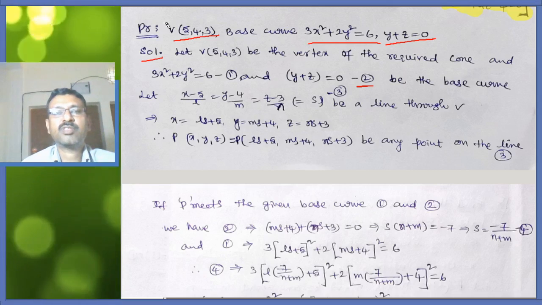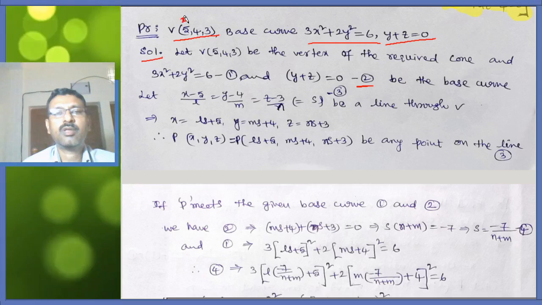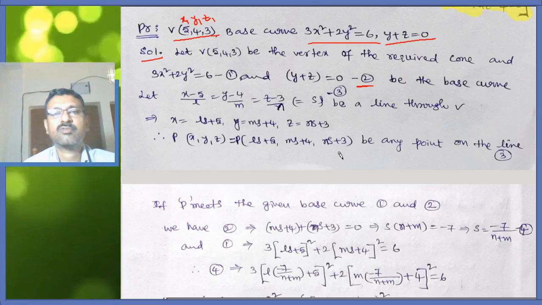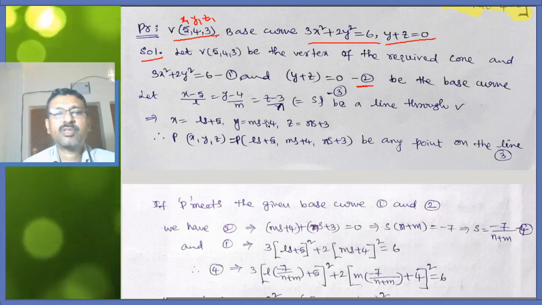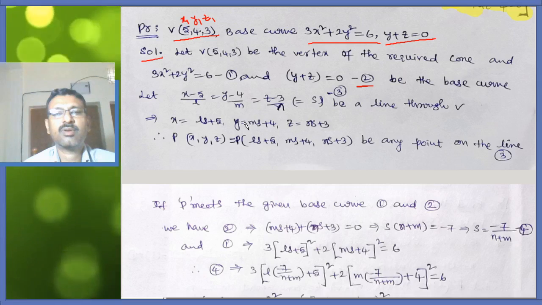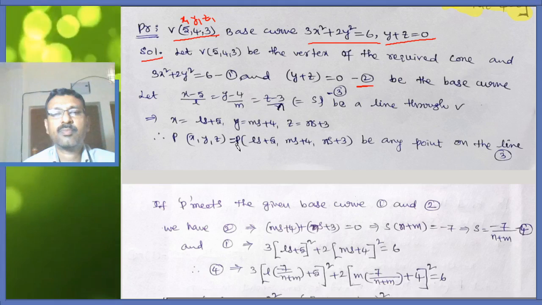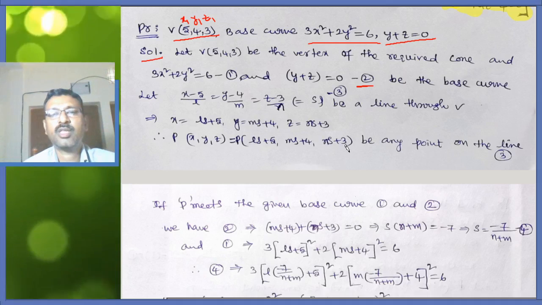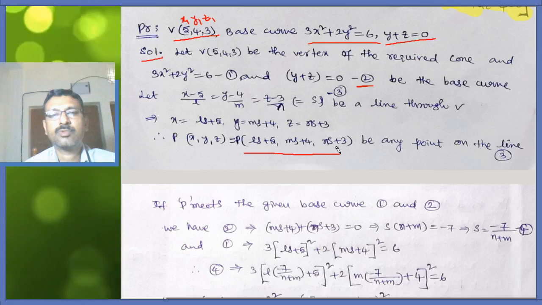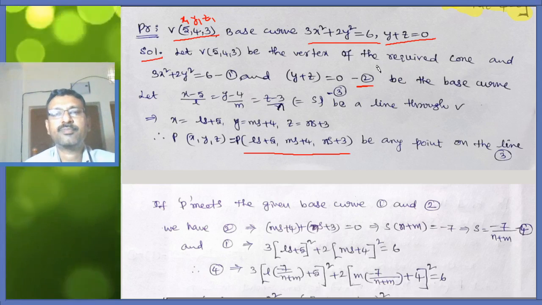Here x1, y1, z1 is the vertex. Let it be a line through V. So I have written x, y, z in the form of L, M, N, S. Then P of Ls plus 5, Ms plus 4, Ns plus 3 be any point on the generator 3.